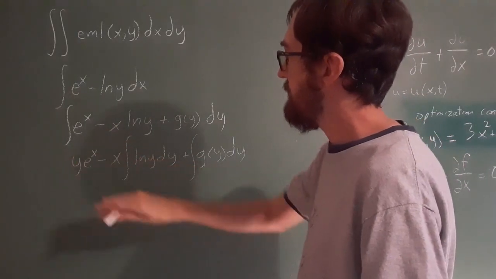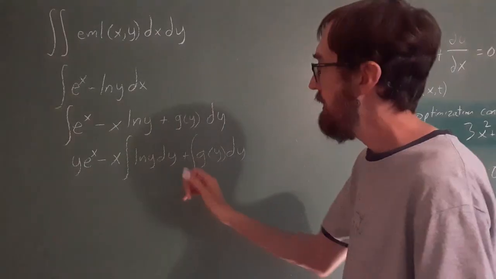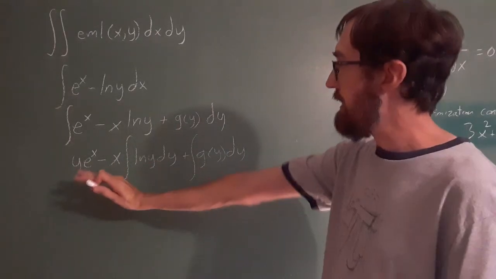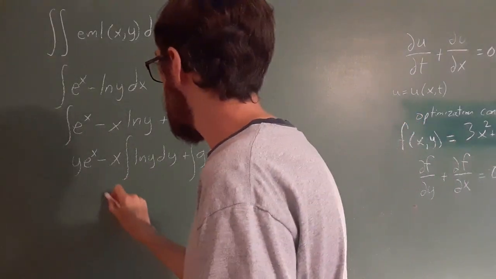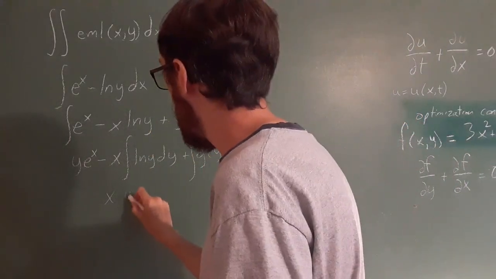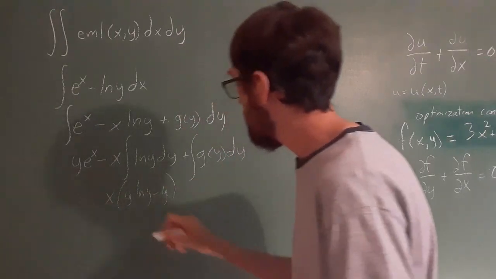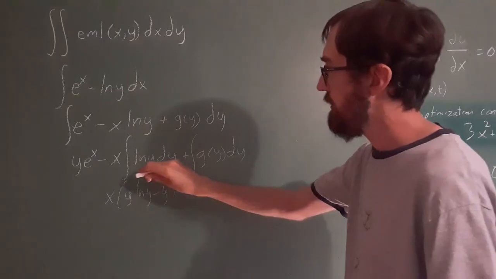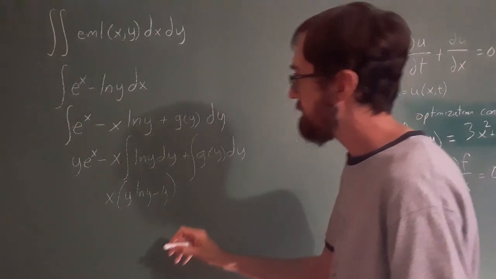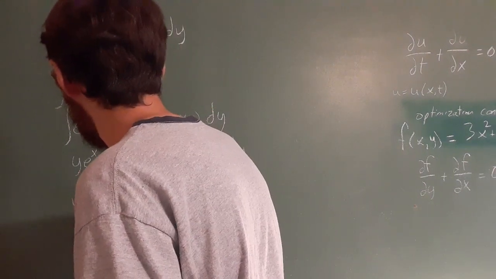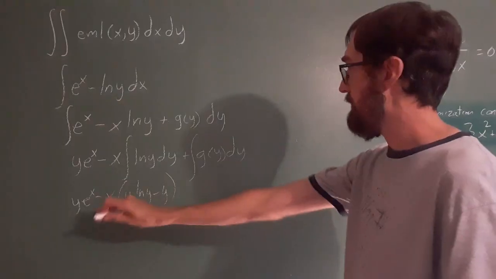This one's pretty easy to do, but I want to look at the rest of the pieces of this. Since x is a constant, it can move through the integrand, and we can just look at this. So we're going to have x times y log y minus y here as we integrate log y with respect to y. And of course, we don't lose our y e to the x.